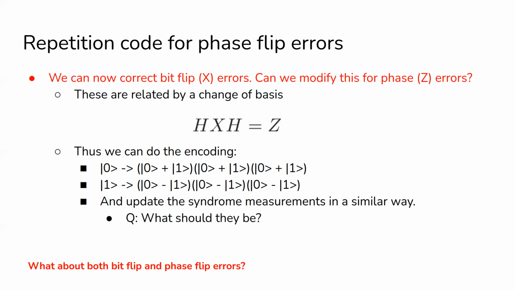Now we have 2 codes: the bit flip repetition code and the phase flip repetition code. They're similar, but one corrects for bit flips, the other for phase flips. But that's not the most general error, as we know. We can have both a bit and a phase flip, and either one of these codes individually would not be able to account for that. But is there anything that we can do to be able to account for that?